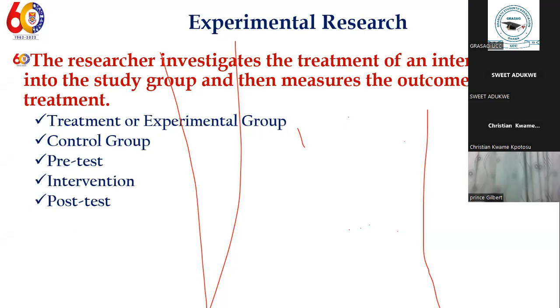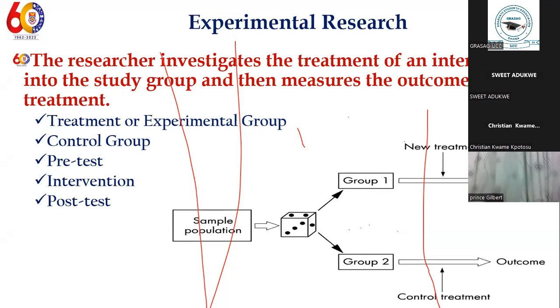In each case of an experimental research, you would have to use a sample from a population. As I said from the beginning, sometimes our population becomes our sample. But in each case of experimental research, there is going to be that issue of selection and assigning of your sample into two groups.